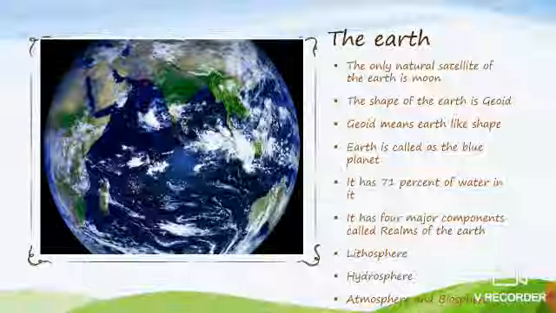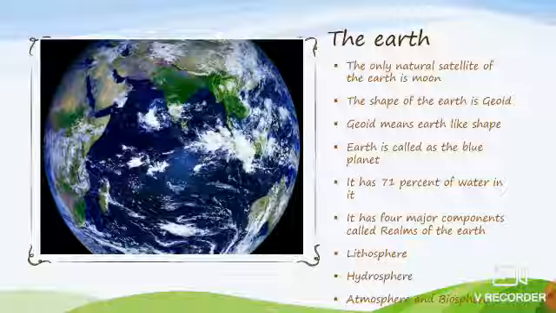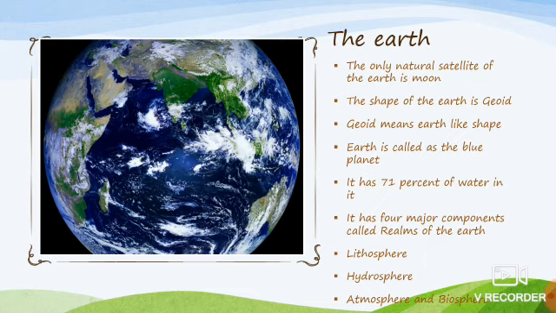Before going to know about all these things, I have a small question for you from Think and Respond. What do animals and plants require in order to grow and survive? Animals and plants require water, air, and sunlight to grow and survive.